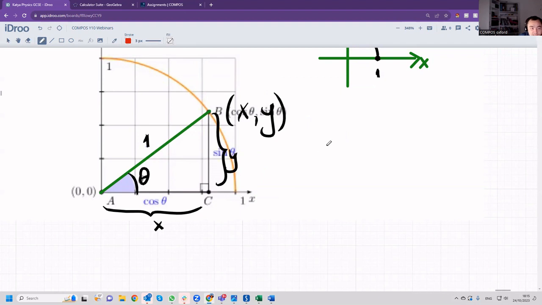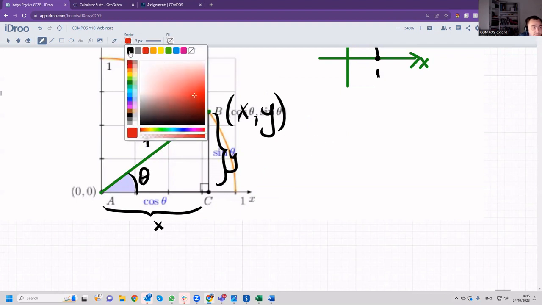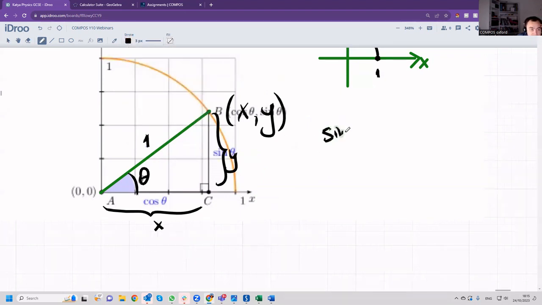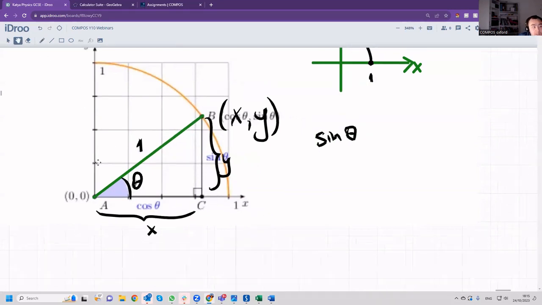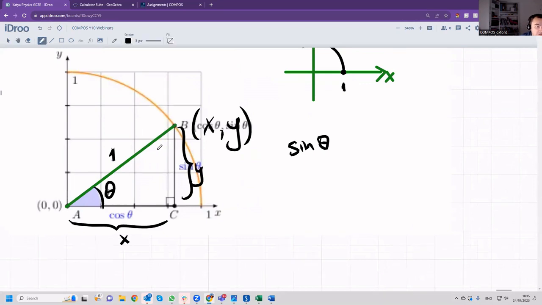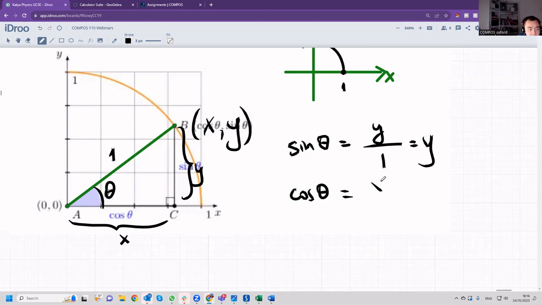And we find the sine of this angle, sine theta, and it's opposite over hypotenuse, which is y over 1, so it's y. And then we find the cosine of this angle, and it's going to be x over 1, which is x.